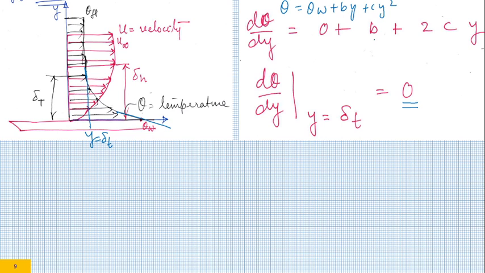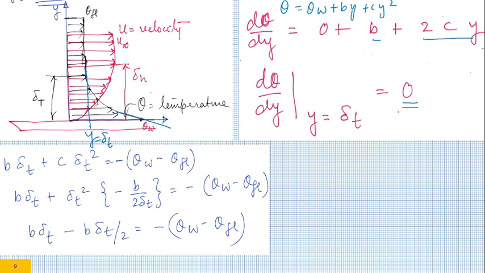By differentiating, I get B plus 2Cy, and then we put this equal to 0. That means B plus 2C delta T becomes 0. So this is the equation which comes in.